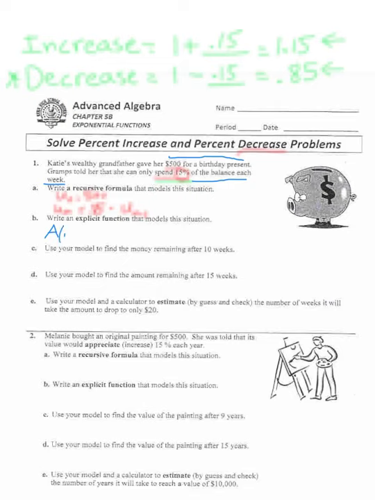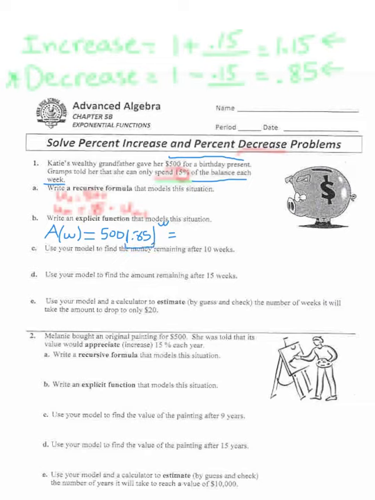How much money does she have after a certain week? So we have A of W equals our initial amount, how much we start off with, $500, times 0.85, and then our input variable is W as the exponent. So remember, for the order of operations, we have to do the exponents first.